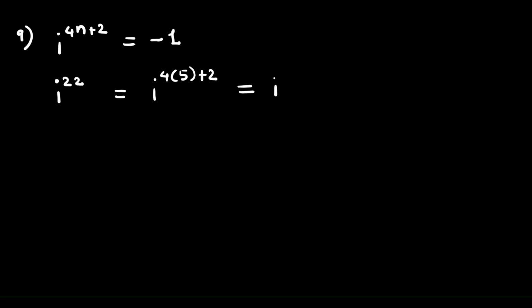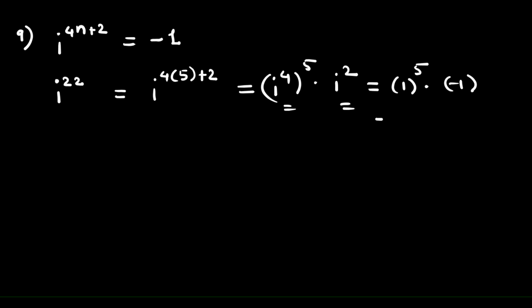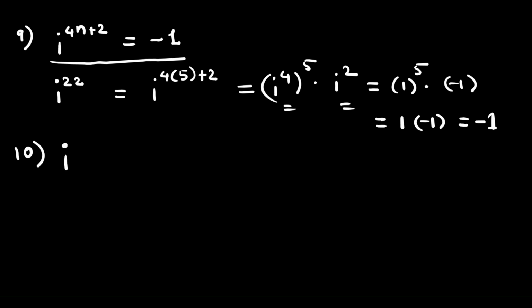It may be written as i to the power 4 into 5, which is 20, and then plus 2. So it is i to the power 4 to the power 5, into i square. We know i to the power 4 is 1, and 1 to the power 5 times i square is 1 into minus 1, which is minus 1. So i to the power 4n plus 2 is equal to minus 1. And the last result is i to the power 4n plus 3, which is equal to minus i.